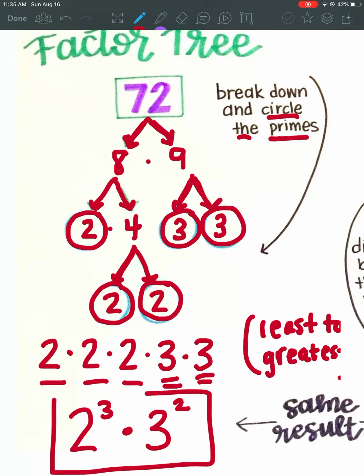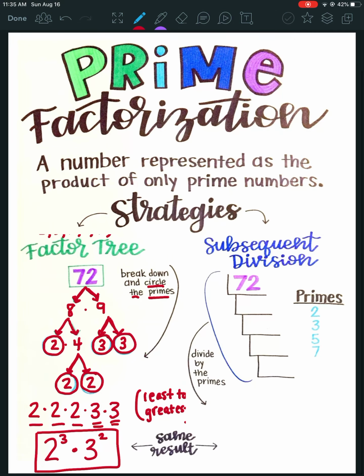All right, and we could plug this in and see, does it go back to 72 still? And it will. Okay, so that's one way of doing prime factorization. That's the factor tree method. Like I said, you may not have done that exact factor tree. Maybe you broke 72 into 2 times 36, and you circled 2. And then you would break 36 down, and you keep going until there are all prime numbers that we're multiplying.